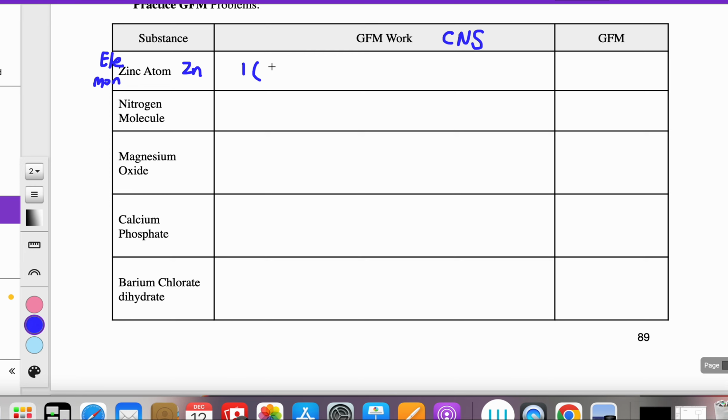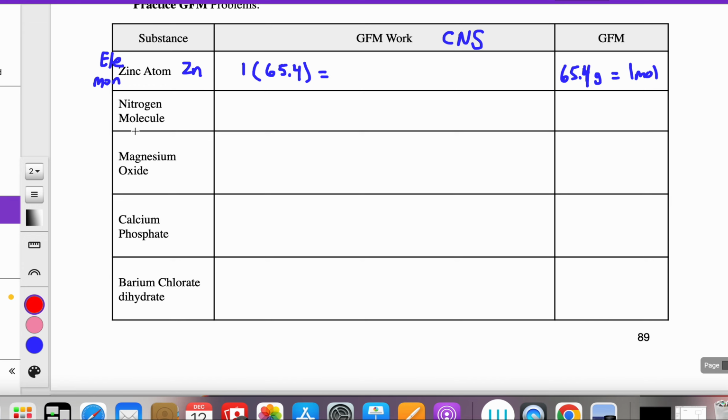So when you look at the mass of zinc, it rounds to 65.4. And that's it. It's just that one atom that contributes mass. So the GFM for zinc is 65.4 grams, and that is the mass of 1 mole of zinc. So 1 mole of zinc has a mass of 65.4.